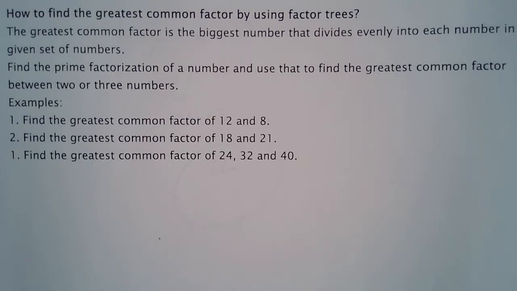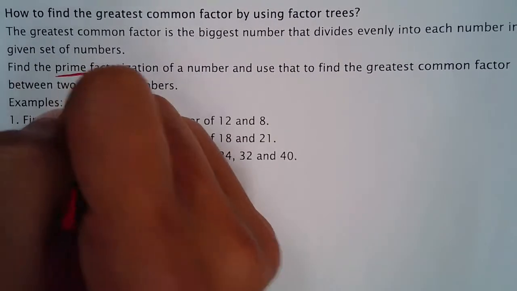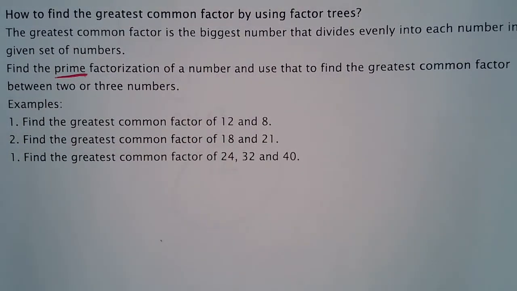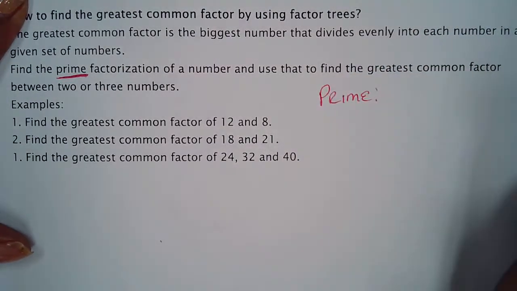So the first thing I need to remind you of is prime. The definition or some examples of prime. Prime numbers are numbers that can only be multiplied by themselves and 1 to get the number. So for example, prime numbers. I'm just going to write prime over here.